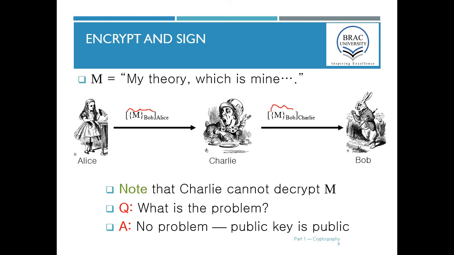But remember, he cannot actually decrypt it, because only Bob has the private key to decrypt it. What Charlie did is just change the signing. So what is the problem here?